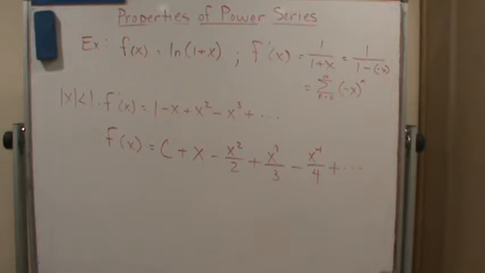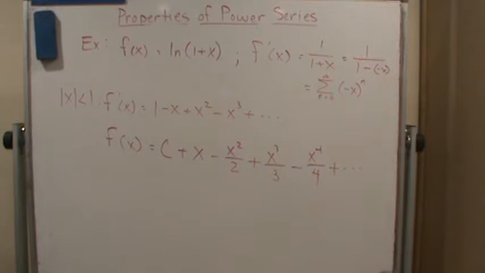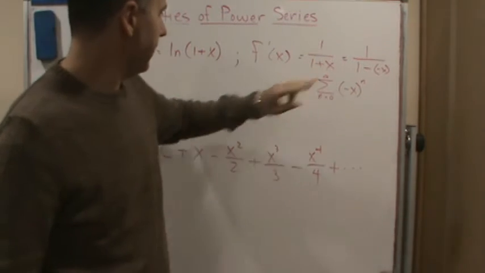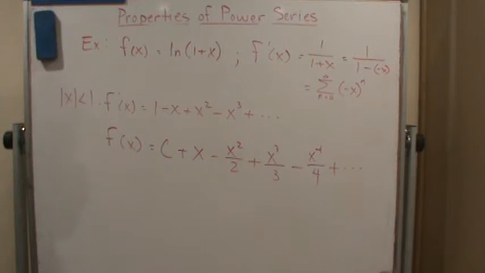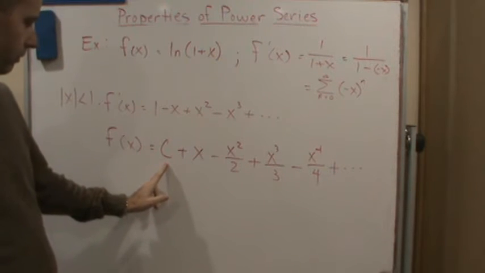And so on. Now, at this point, we know that f of x equals this, and that's the antiderivative of this. And so all that's left is to figure out what C is.